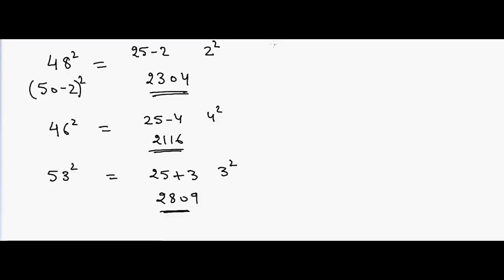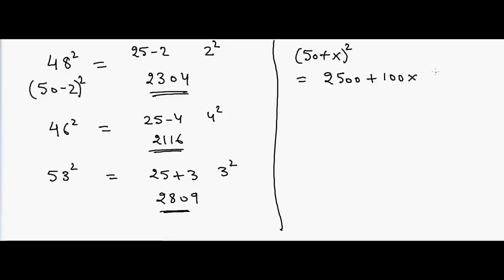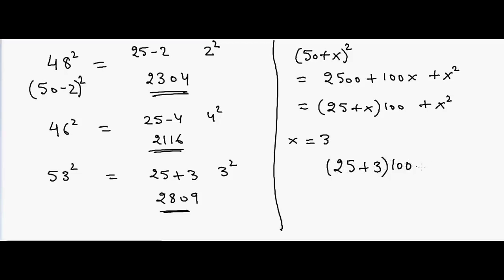How this trick works, so let's look at the left side. If we have something close to 50, it can be written as 50 plus x squared, and 50 plus x squared can be written as 2500 plus 100x plus x squared, or that will be equal to 25 plus x into 100 plus x squared. So as you can see, if x is equal to 3, then what I'm doing is I'm adding 25 plus 3, right, and then I'm adding 3 squared, so the answer is equal to 2809.